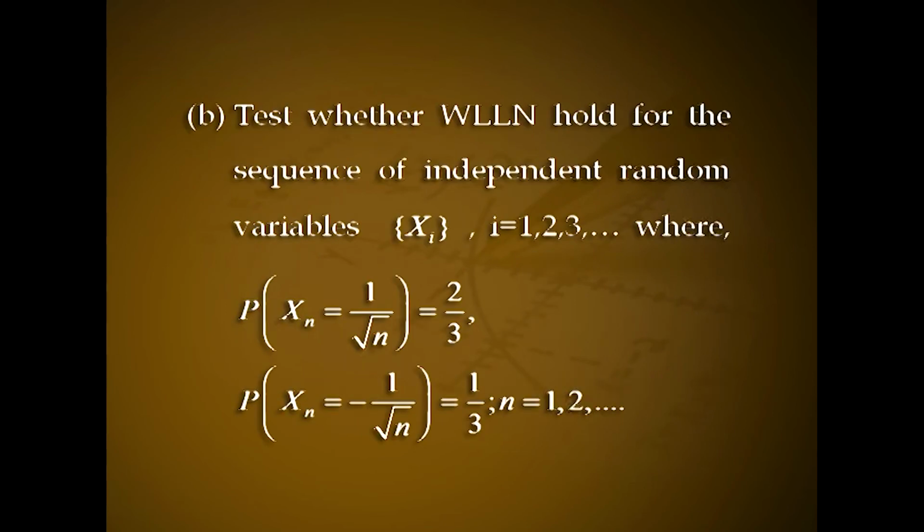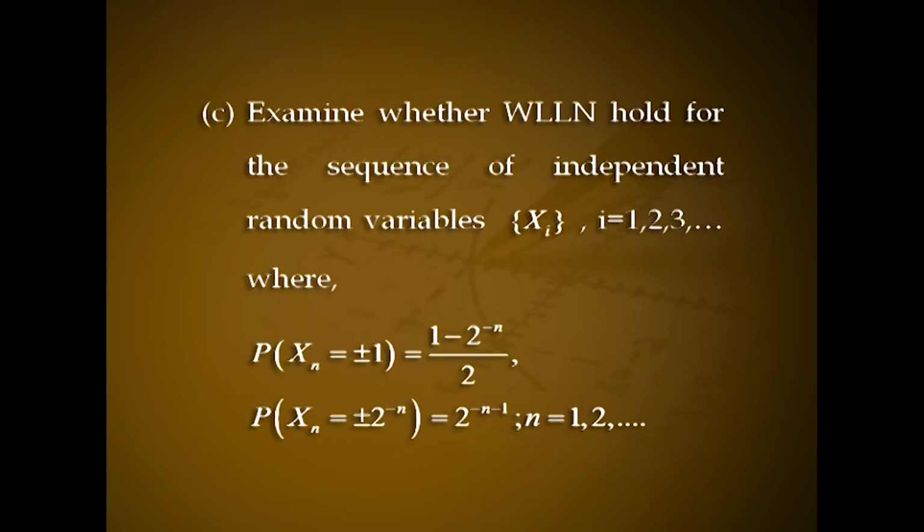B. Test whether WLLN holds for the sequence of independent random variables xi for i equal to 1, 2, 3, etc., where P of xn equal to 1 by root n is equal to 2 by 3, P of xn equal to minus 1 by root n equal to 1 by 3 for n equal to 1, 2, etc.